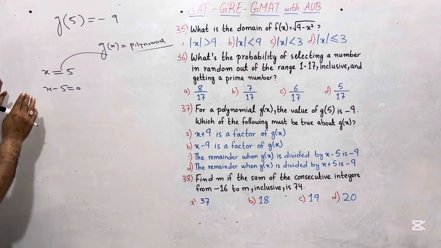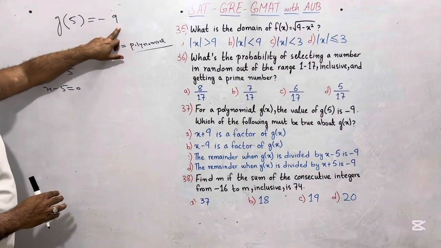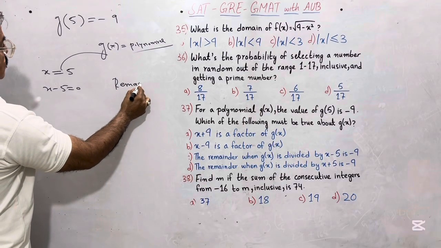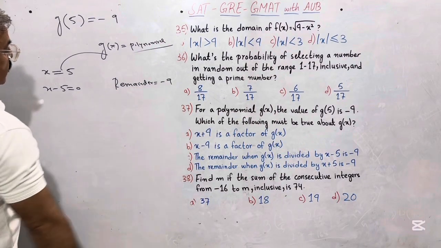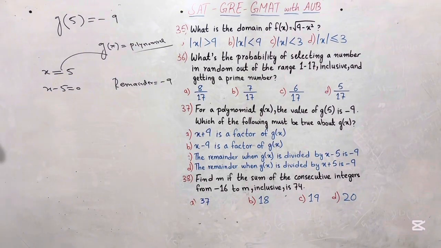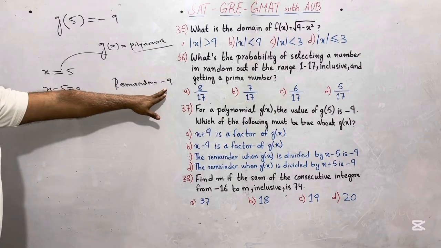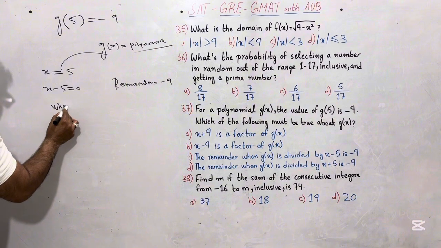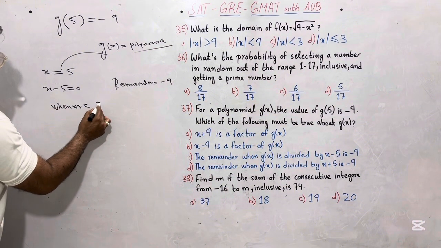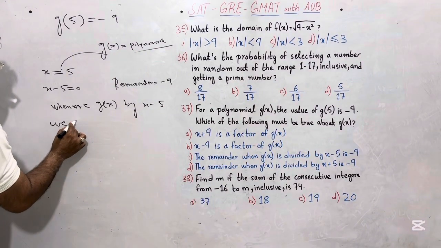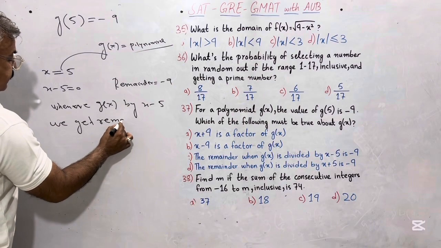It means that whenever we plug in x is equal to 5, we have remainder negative 9. Negative 9 is our remainder. If it were 0, then we would have said that x is equal to 5 is a root of this equation. In that case, minus 9 is a non-zero figure. Then we can say that when we divide g of x by x minus 5, we get remainder negative 9.